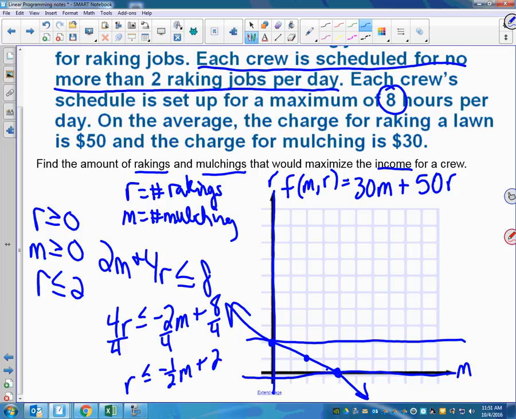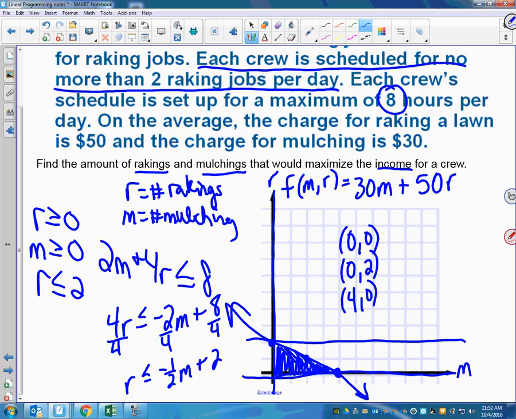If we think about this, it's everything in between these two parallel lines, but it's everything less than this slanted line. So this is my shape here. So my ordered pairs are 0, 0, 0, 2, and 4, 0.